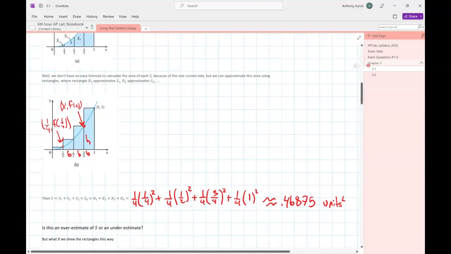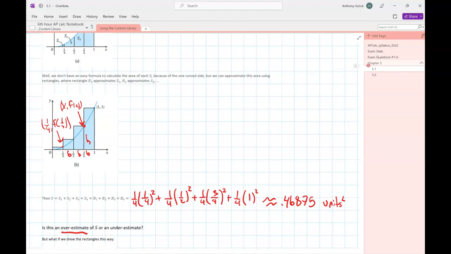So did we overestimate the area for S or underestimate? It's an overestimate, right? If I look at the areas for R1, R2, R3, R4, each is bigger than the area for S1, S2, S3, S4 because the rectangle overlaps outside above the curve.